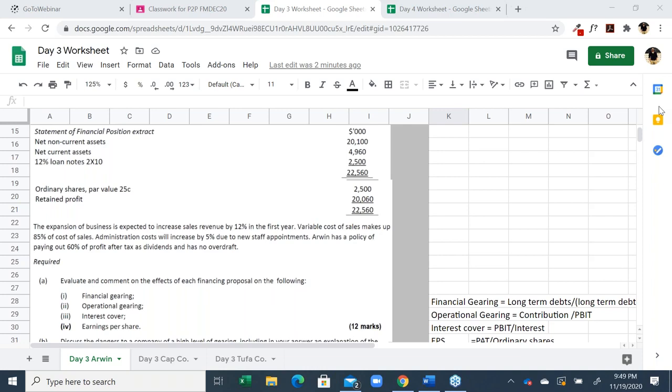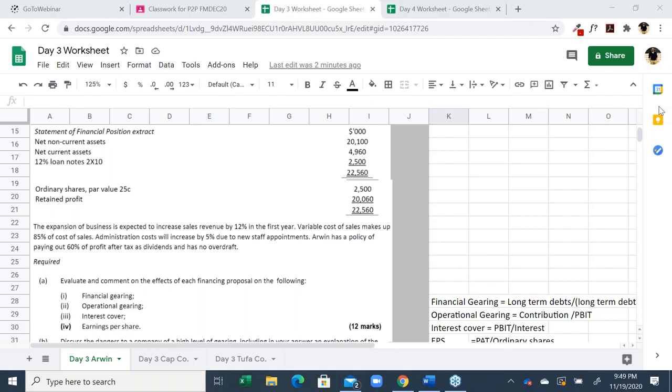So back guys, let's do it, and I hope you people have tried this question. Now, a very important thing that you should note is whenever you are evaluating and comparing something, you have to have a comparative analysis and calculate things before the change and after the change.